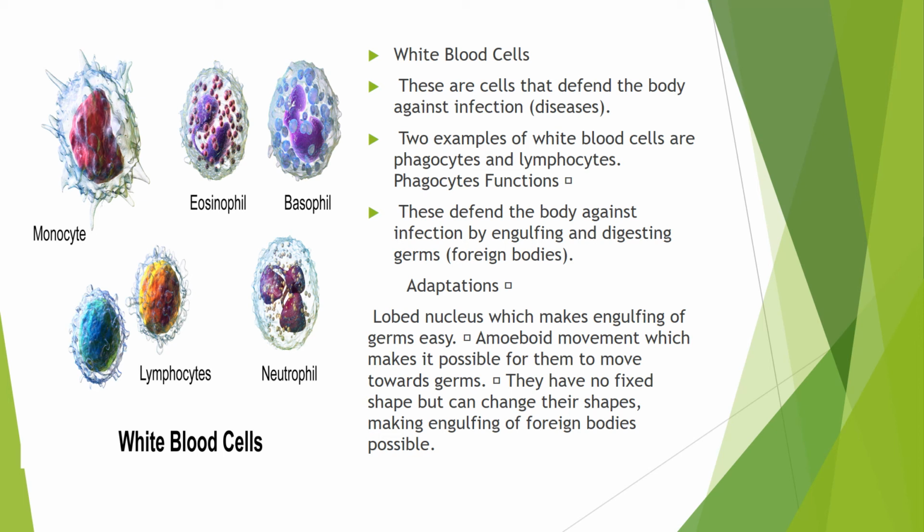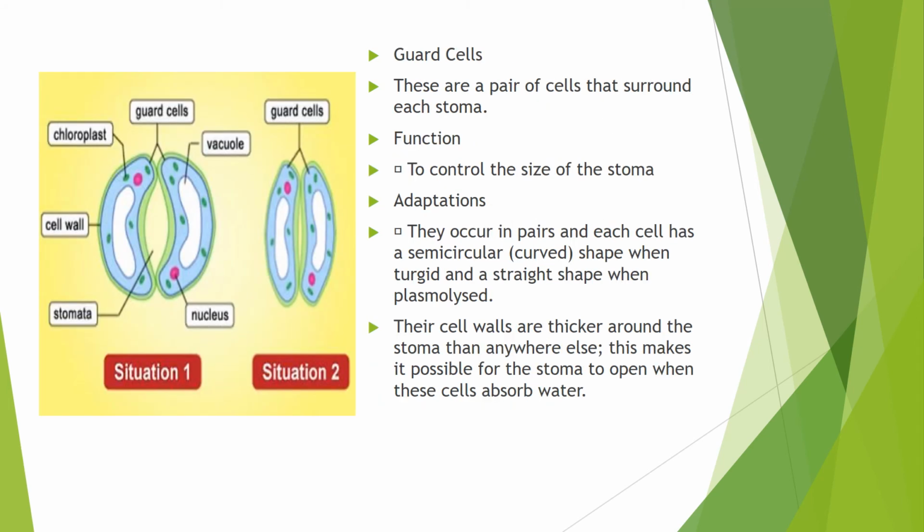And then moving to the next slide, we have the guard cells, and these guard cells go in pairs, and they control the opening and closing of the stomata. We find them on leaves. We are going to talk about them in more detail later when we do plant nutrition.